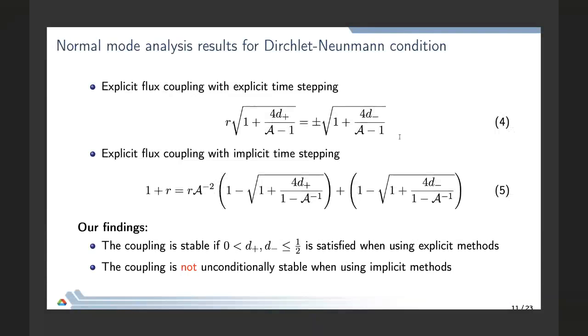And for the implicit time stepping, we can prove that the coupling is not unconditionally stable. This is kind of counterintuitive, because what it means is that even if you use implicit time stepping to solve the PDEs, you cannot achieve absolute stability because of the way the interfacial flux is calculated.